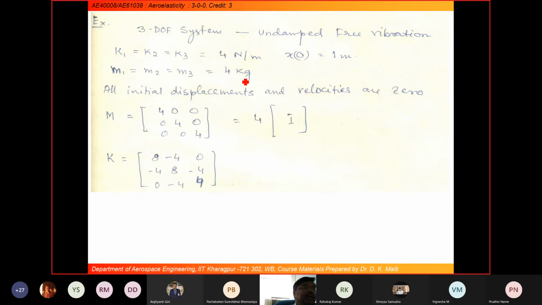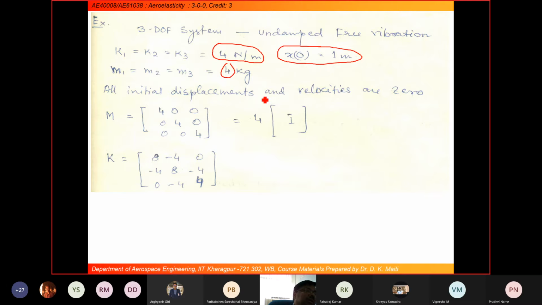I'm taking now a system where k1 equal to k2 equal to k3 equal to 4 Newton per meter, and we are giving an initial displacement of 1 meter, x naught equal to 1 meter. We have associated with this a 3 degrees of freedom system, x1, x2, x3. x1 I am taking as 1 meter, and all other values equal to 0. And masses M1, M2, M3 equal to 4 kg.